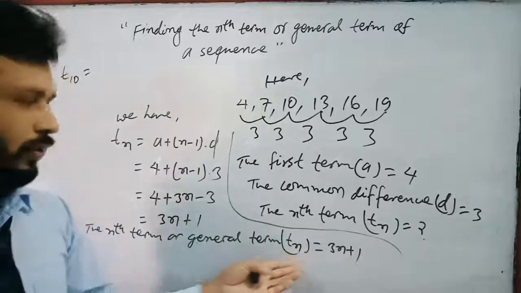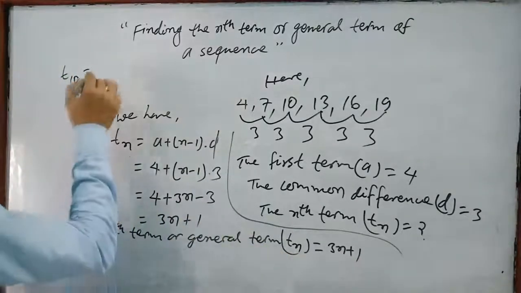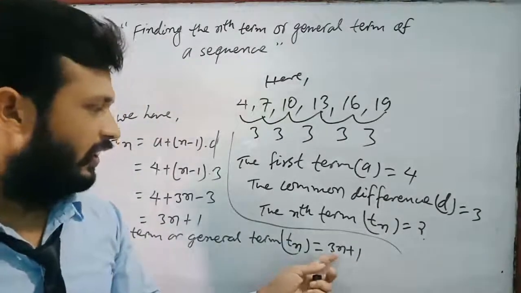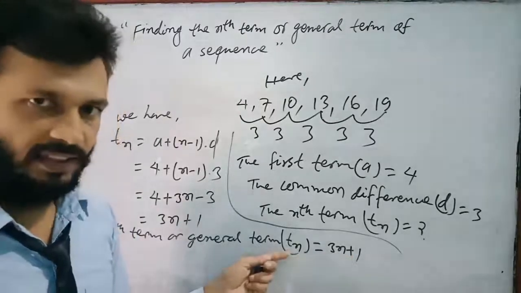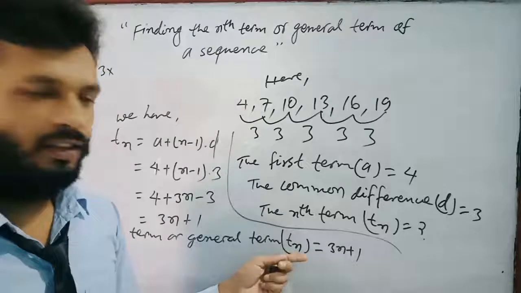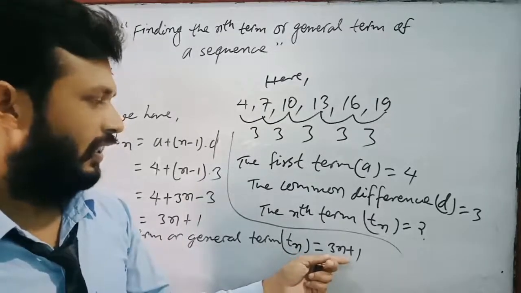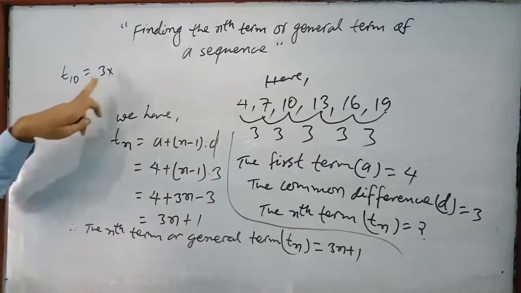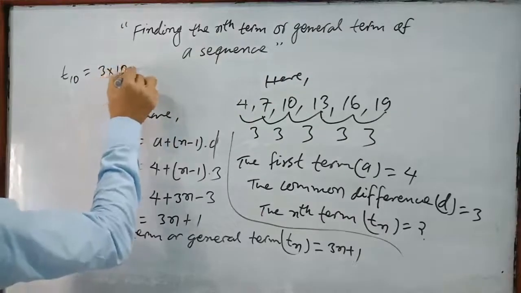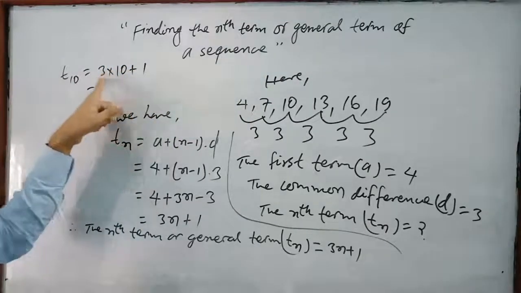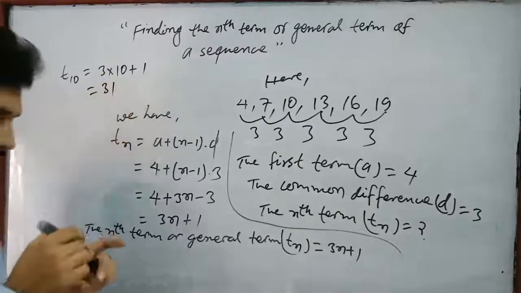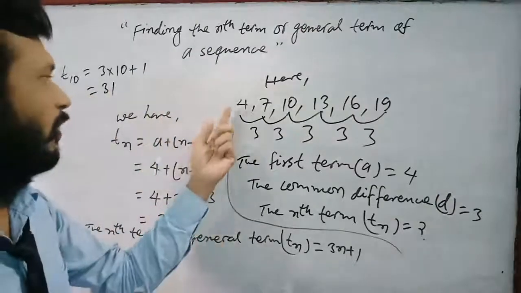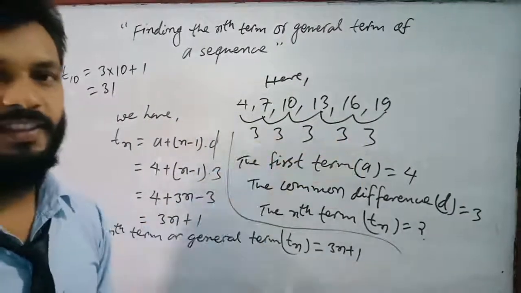So T10 equal to 3 into 10 plus 1. We get 3 10s are 30 plus 1, 31. That means 31 is the 10th term of the given sequence.